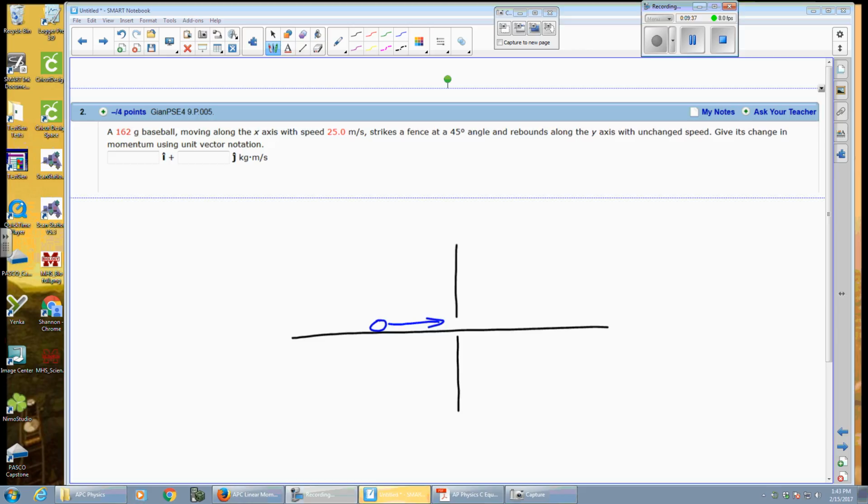It strikes the fence at an angle of 45 degrees and rebounds. Here's my fence, and it rebounds like that. So this is momentum initial, and this is momentum final, right?